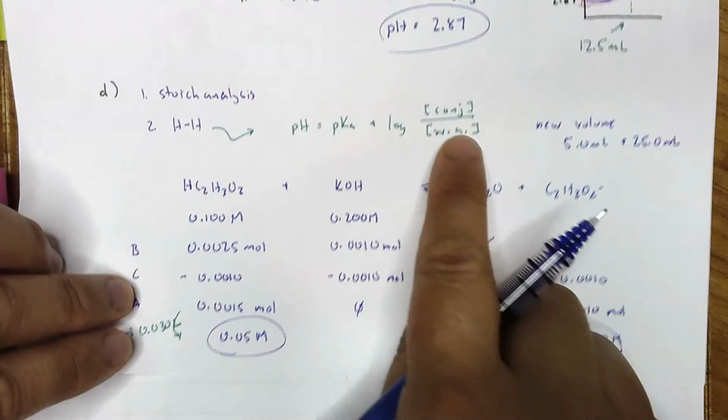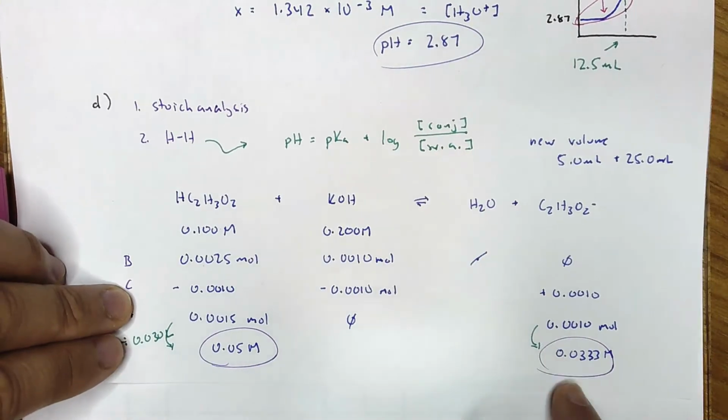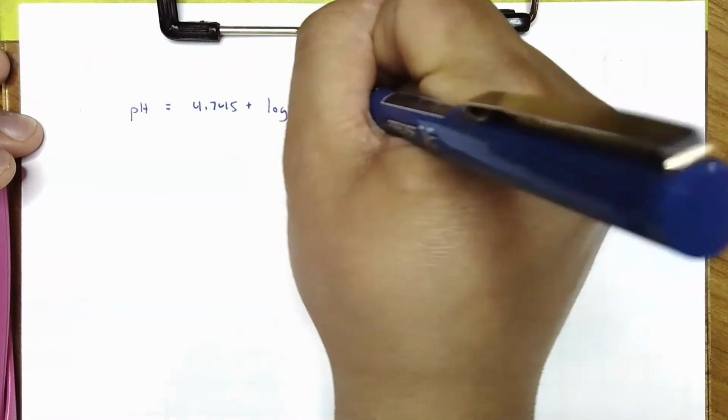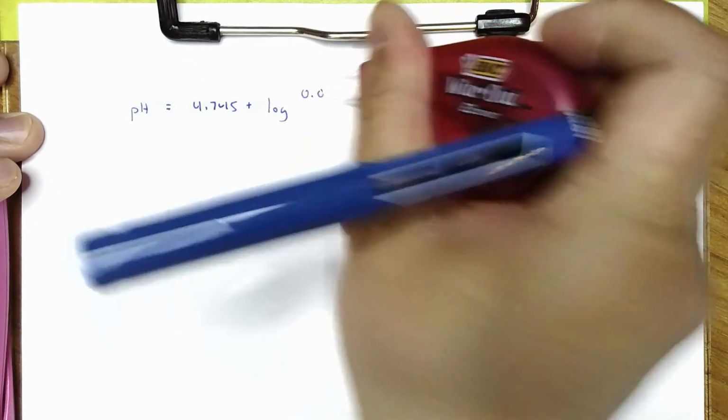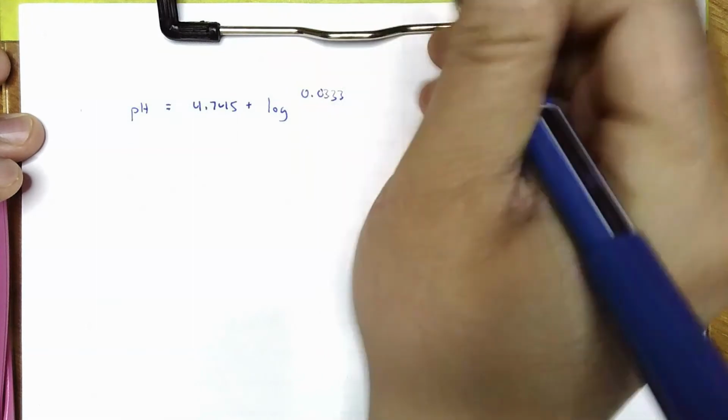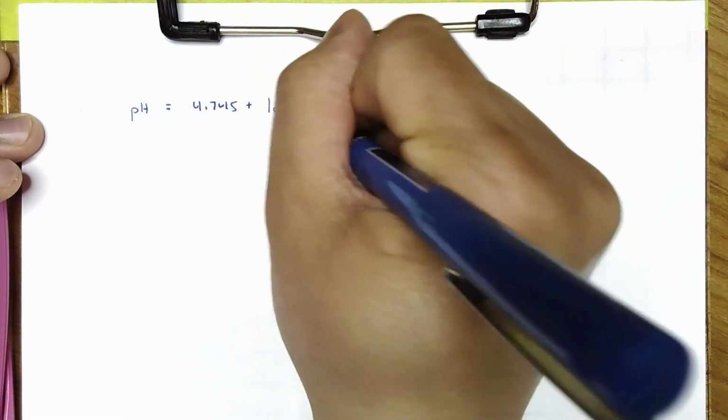And remember, it's conjugate base over weak acid. That over that. Okay. So we have 0.0333 divided by 0.050.